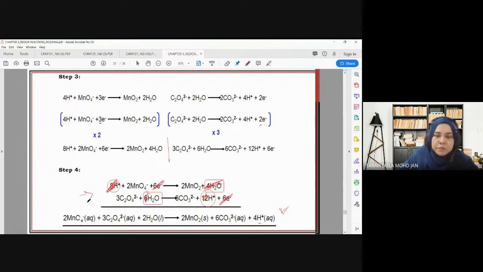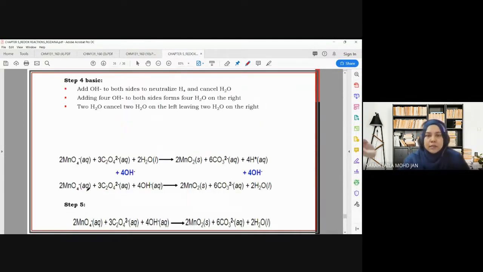Okay, next is bila you ada basic solution. Maksud dia you have to follow the acidic solution and then kita kena neutralize dengan adding OH untuk step kalau dia adalah dalam basic medium. How we know that it is a acidic or basic medium?